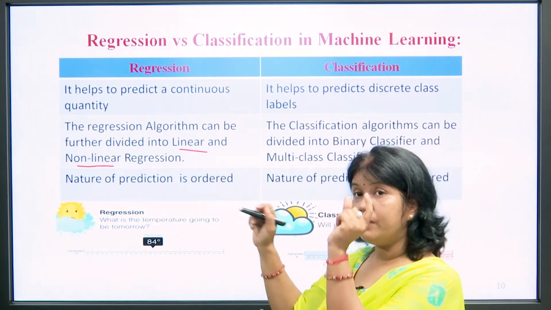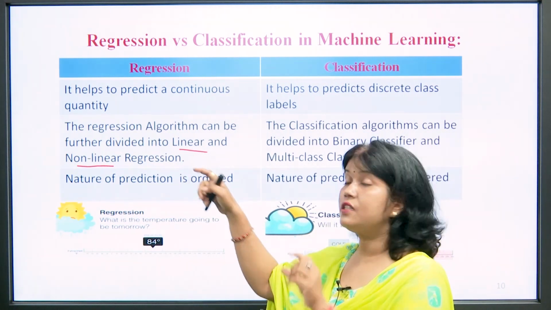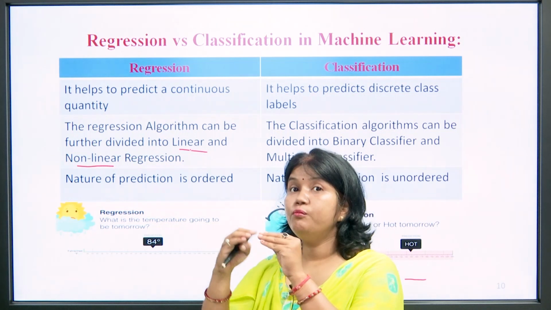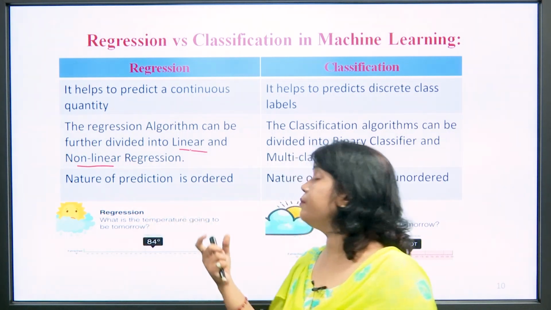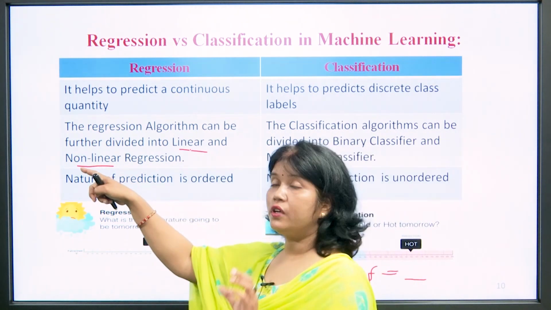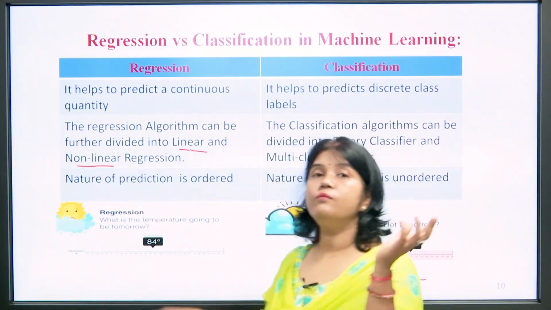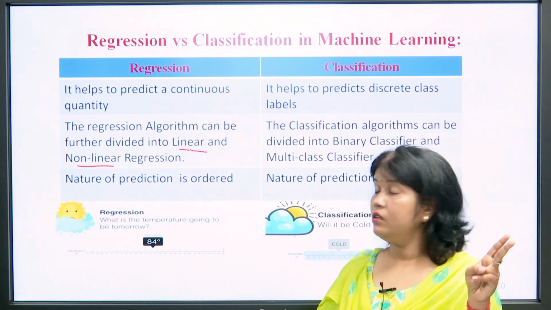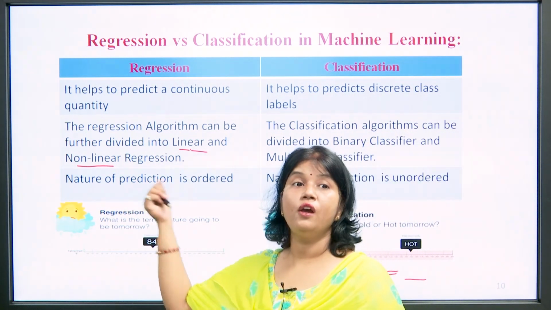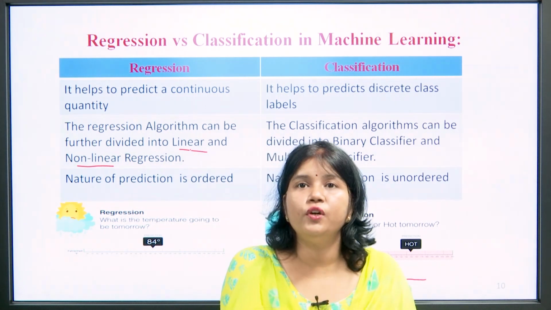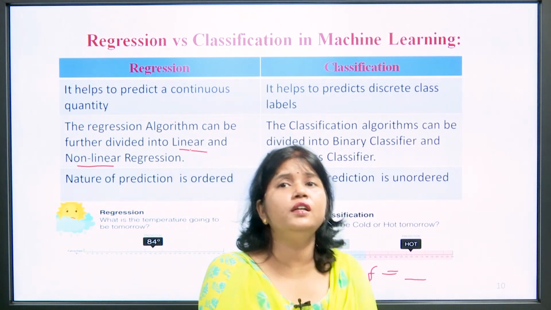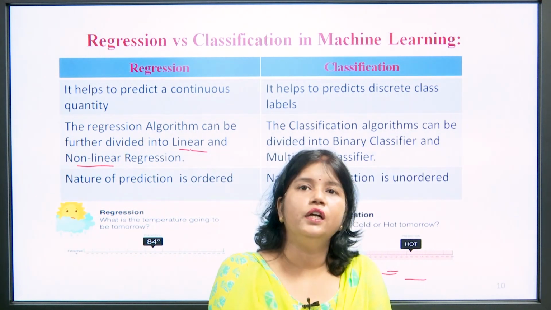If one variable depends upon the particular output, it comes under the category of linear, and if more than one independent variable is used for getting the output, it comes under non-linear regression, right. So, the nature of prediction should be ordered from the regression point of view, and the nature of prediction in classification does not need to be ordered, it is unordered, right.